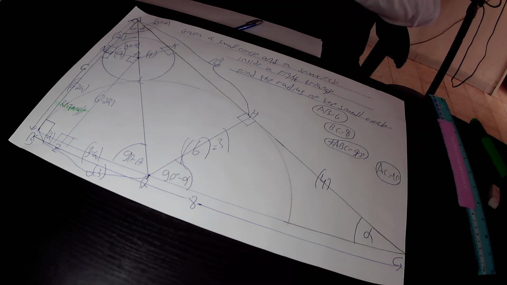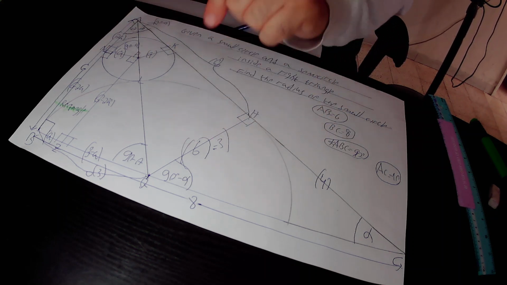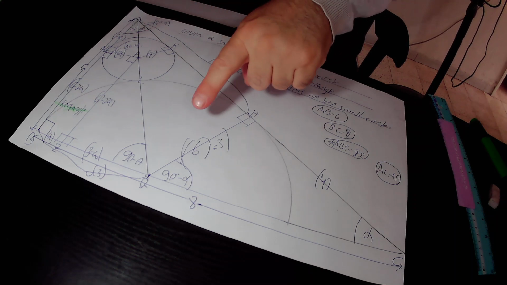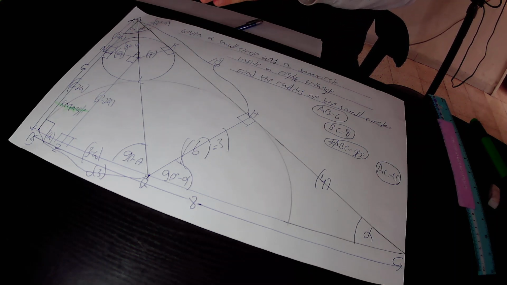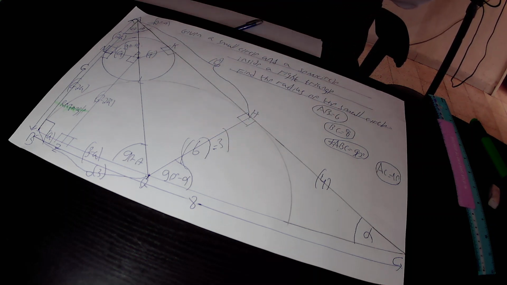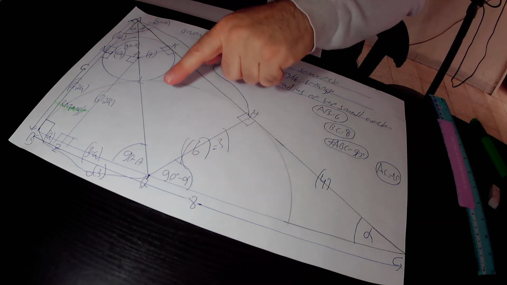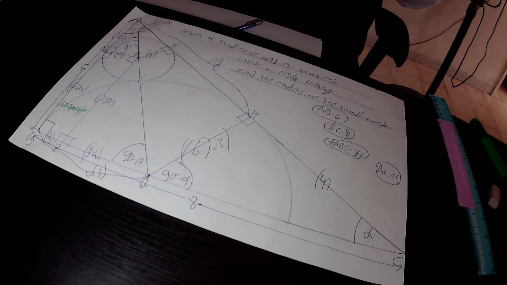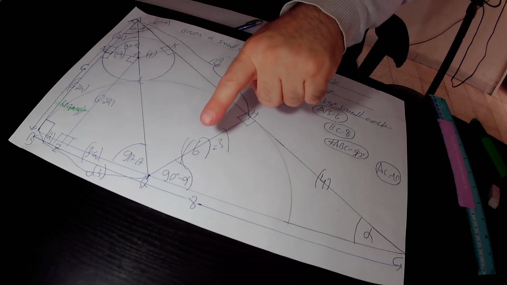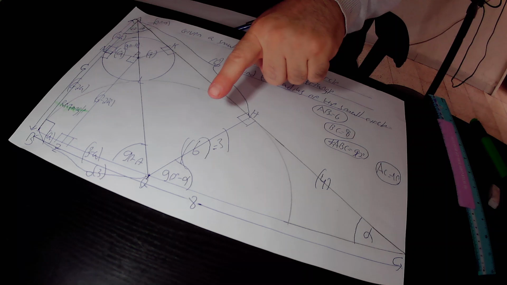The center of this small circle is at point P. The center of this big semicircle is at point Q. The straight line that connects the centers together is of course the straight line PQ. According to rule 10, this straight line PQ must pass through point L, that is the touching point. Again, P and Q is one straight line.